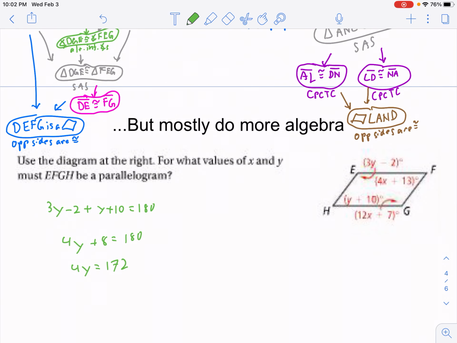Let's see, that's 25 plus 18, so that would be 43?